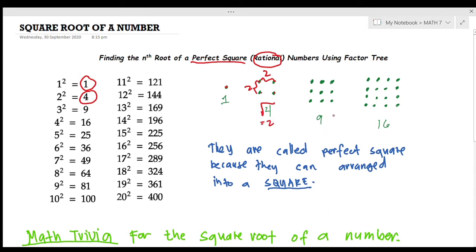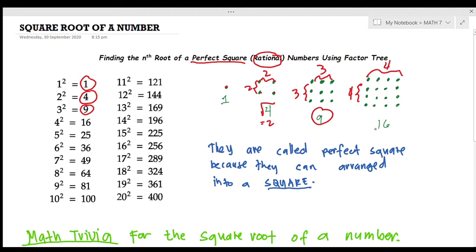So we have 9. 9 is composed of 3 times 3, so the result is 9. And also this one, 16. 16 is a perfect square because it is the result of multiplying 4 times 4.